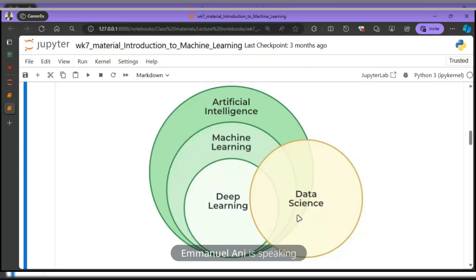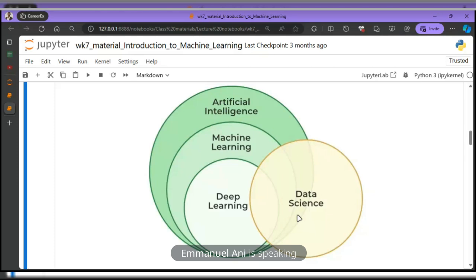That is actually what we are doing. But machine learning is a different field on its own. It is under the umbrella of artificial intelligence. Artificial intelligence is a broader field that involves a lot of things: machine learning systems, robotics, and other systems. But machine learning is part of it.